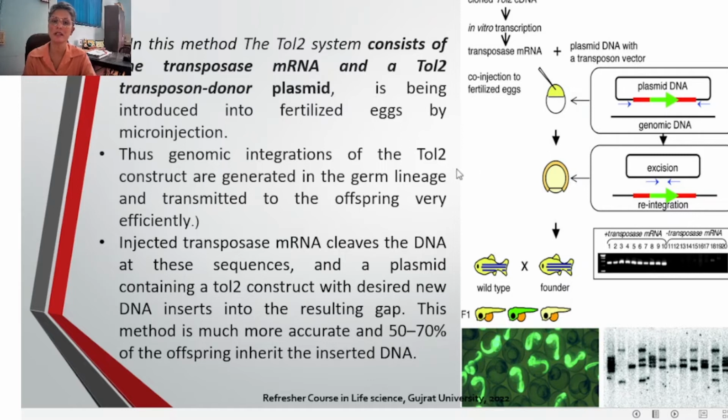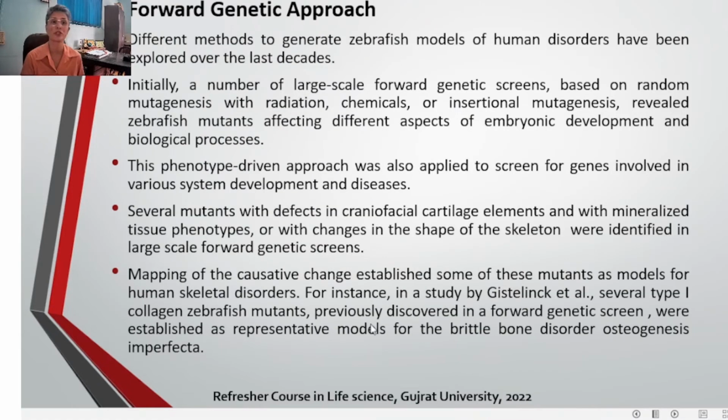Thus, the genomic integration of the Tol2 constructs is generated in the germ lineage and transmitted to the offspring very efficiently. So here you can see the injected transposase messenger RNA cleaves the DNA, and the gene of our interest along with the plasmid will be integrated into the germ lineage of the zebrafish. In this methodology we will have a 50 to 70% success ratio.